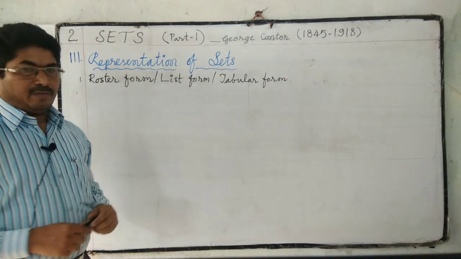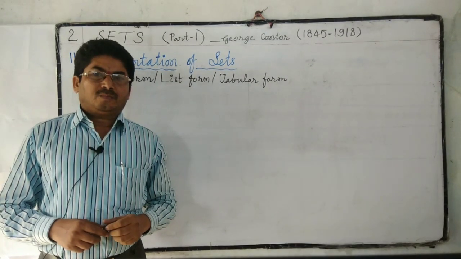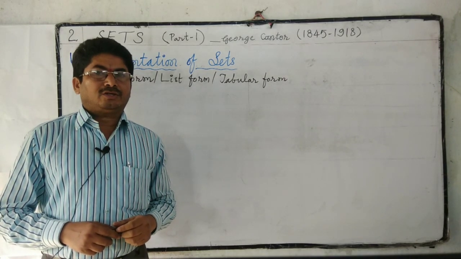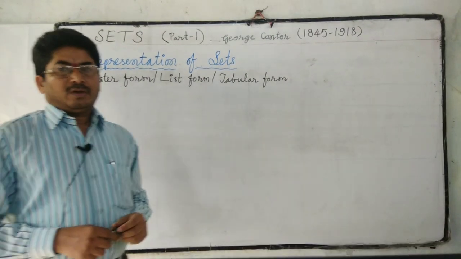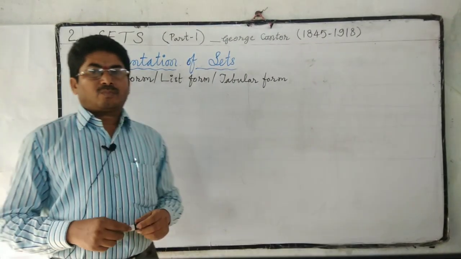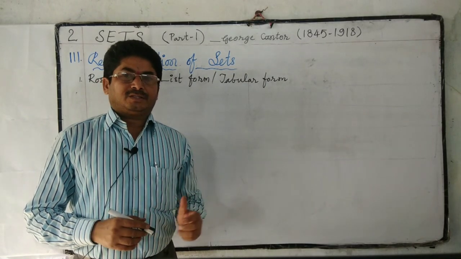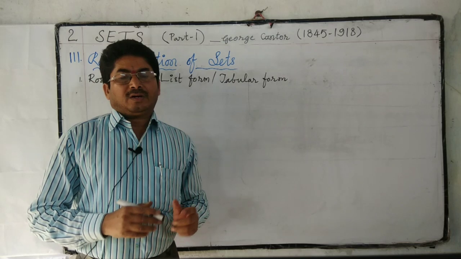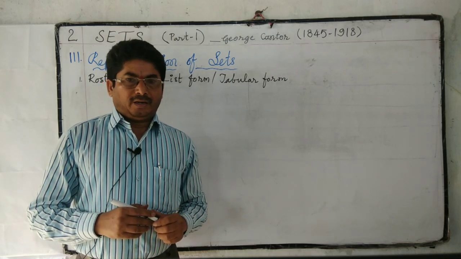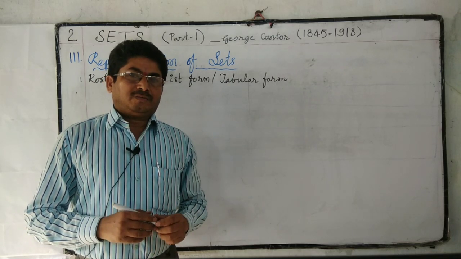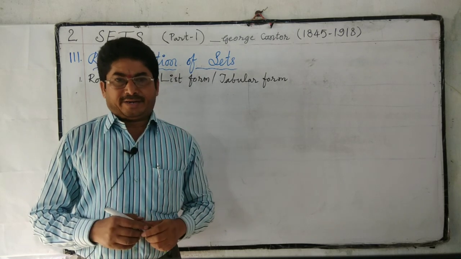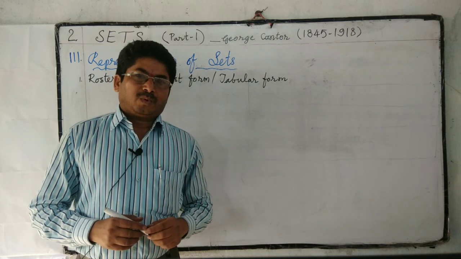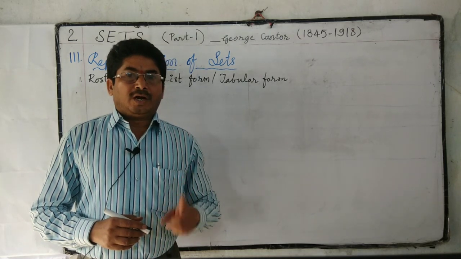First, roster form. What is a roster form? Listing out all the elements in a set is called a roster form. In this roster form, we have to write the elements in order, separated with commas, and enclosed within the set brackets. One more thing, elements should not be repeated.